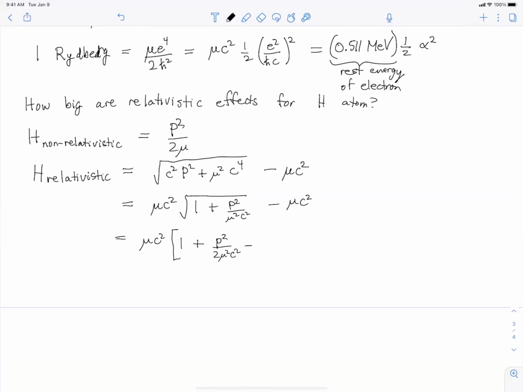So it's minus p squared squared over 8 mu to the 4th c to the 4th. And then this keeps going.